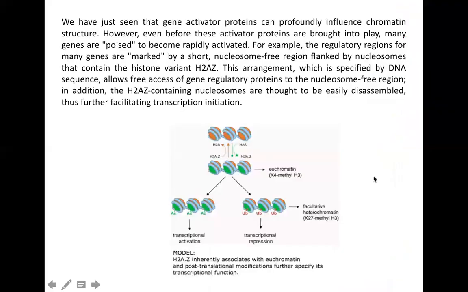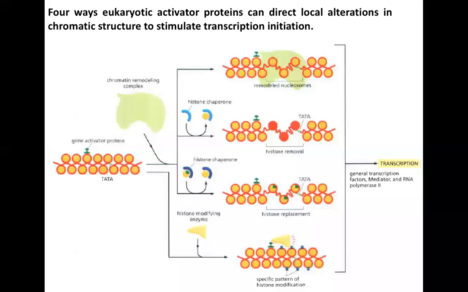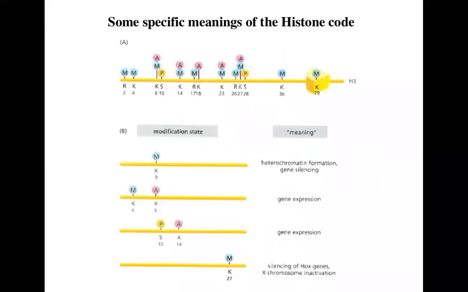Let's switch back to one of the previous slides. You see here, this is the code for gene expression. When we have serine at the 10th position phosphorylated and K14 acylated, this was the code for gene expression. That's the H3 histone tail, and here we have all of them.